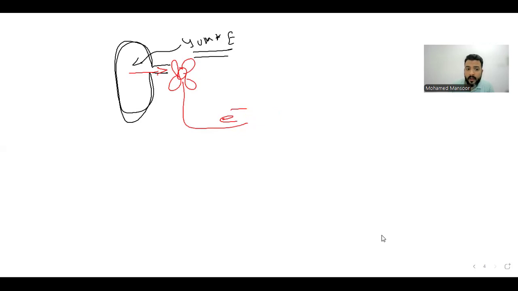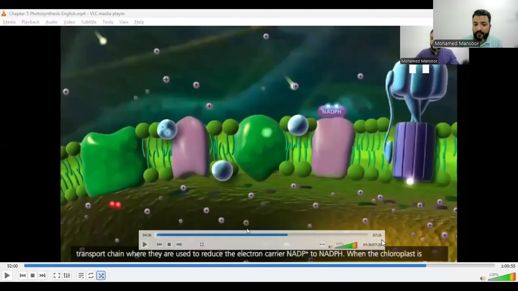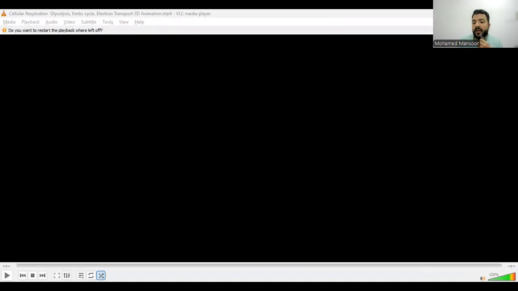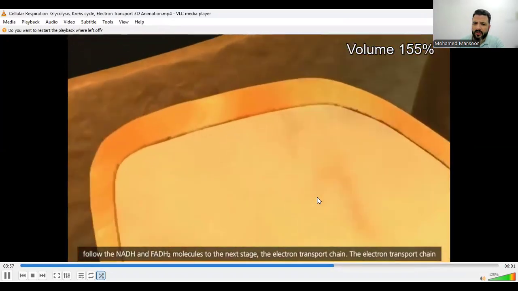Okay. Now, how do we use this in the cellular respiration process? We have the inner membrane, which has proteins. Here we go, look.